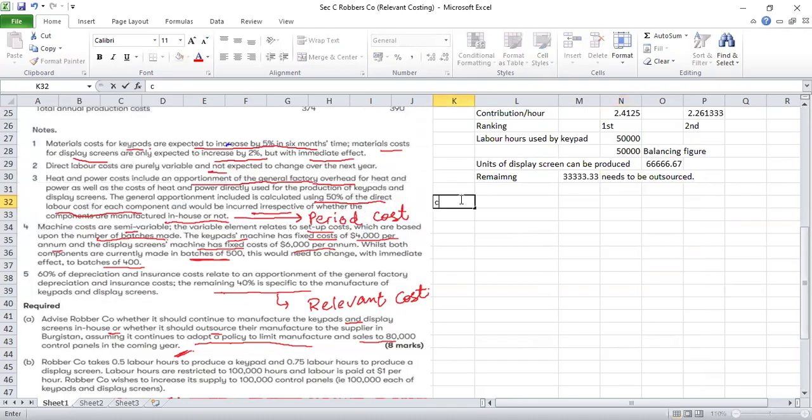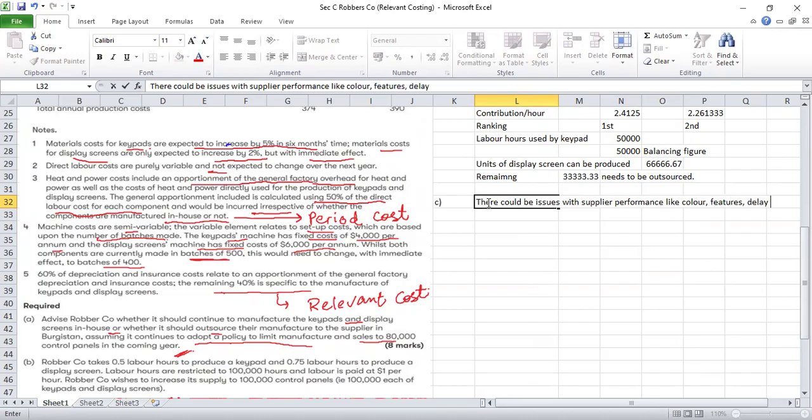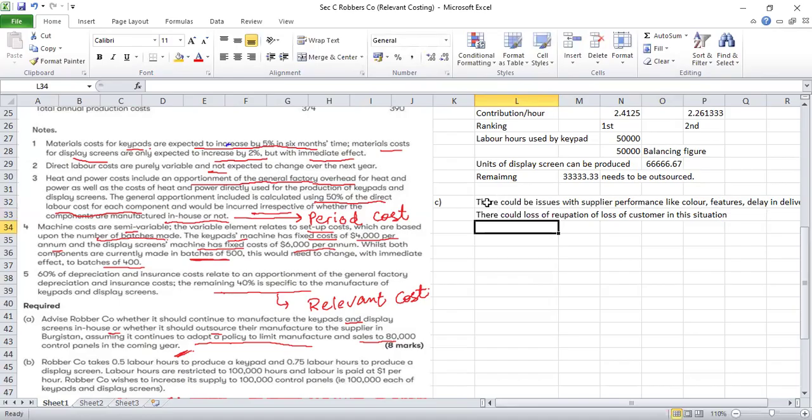Number one, there could be issues with supplier performance, like color, features, delay in delivery, and etc. There could be loss of reputation or loss of customers in this situation.